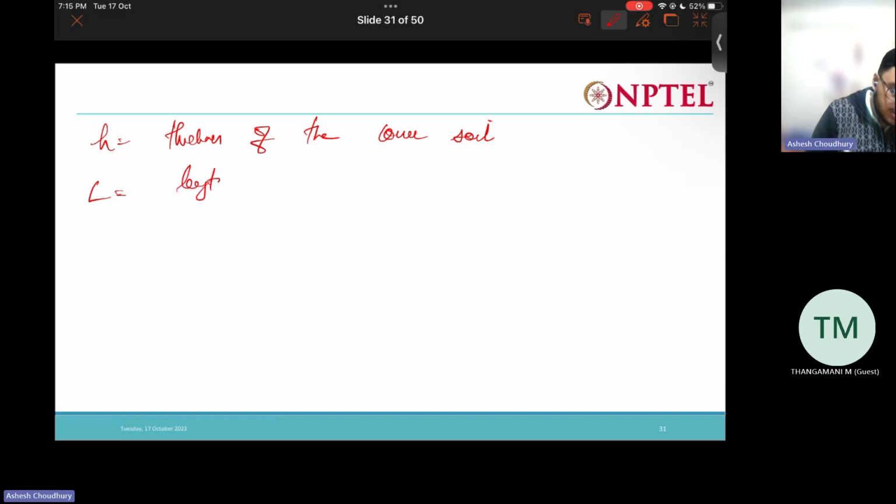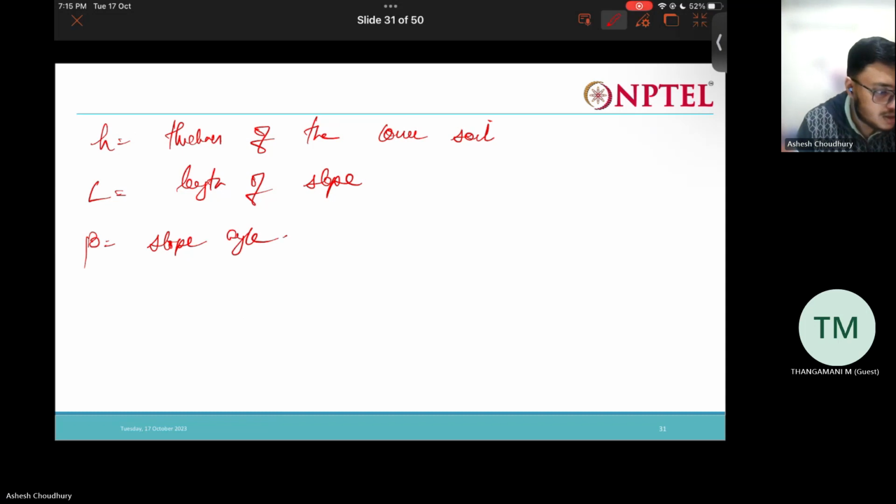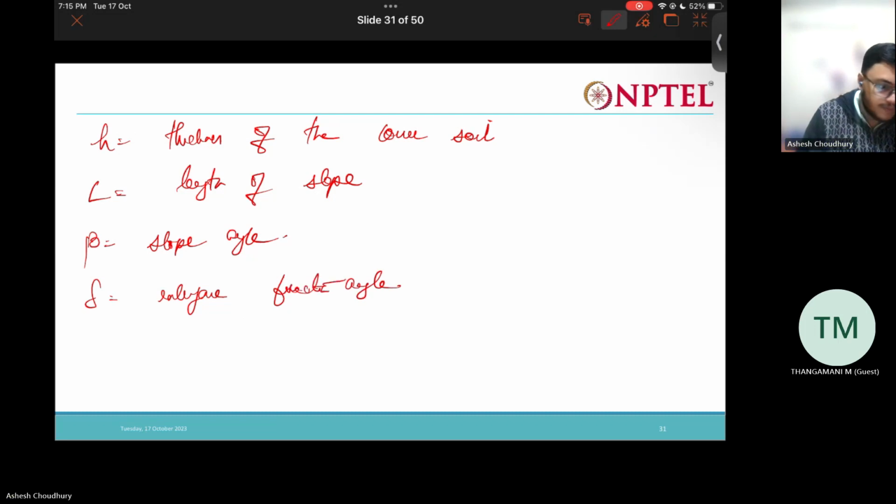L is the length. This delta is the interface friction angle.